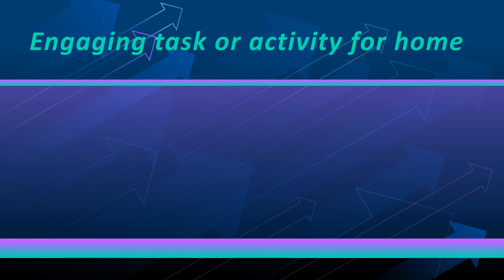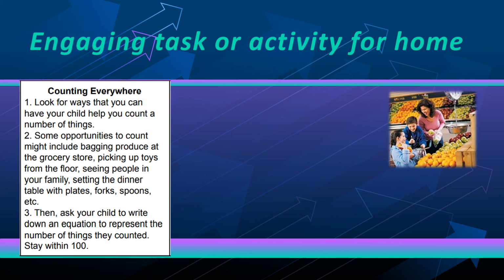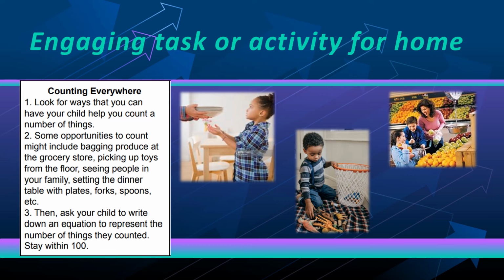Students can continue their learning at home and would likely want to bring home an engaging activity. These activities are taken directly from the bottom of the STEMscopes parent letter. Students would work with a parent or sibling to count sets of things. These opportunities could be while grocery shopping, helping set up the table, or even cleaning up toys.